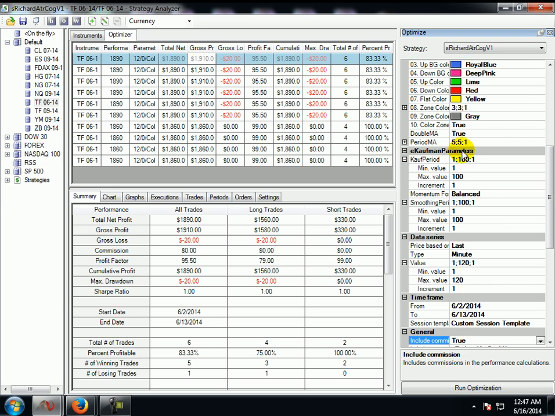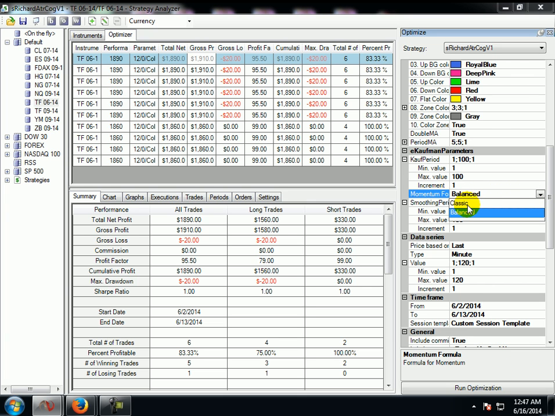Since we added the Kaufman filter, we need to run this at a maximum of 100 on both of these, on the Kaufman period as well as the smoothing period. And then on the momentum formula, we want to use the balanced one. So you just double click that, and because I think by default it goes to classic, but we want to use the balanced.